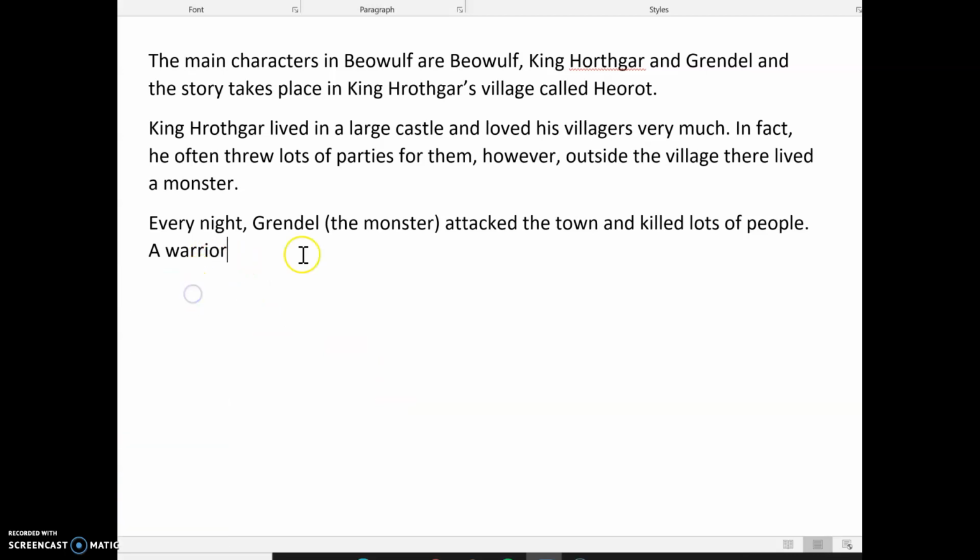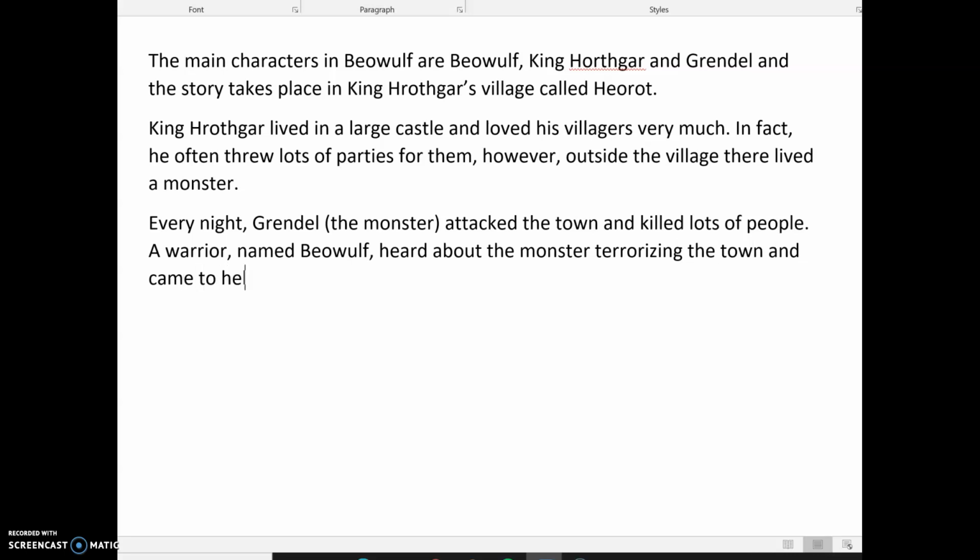A warrior named Beowulf heard about the monster terrorising the town and came to help them. Okay, that's what's happened in the middle of my story.